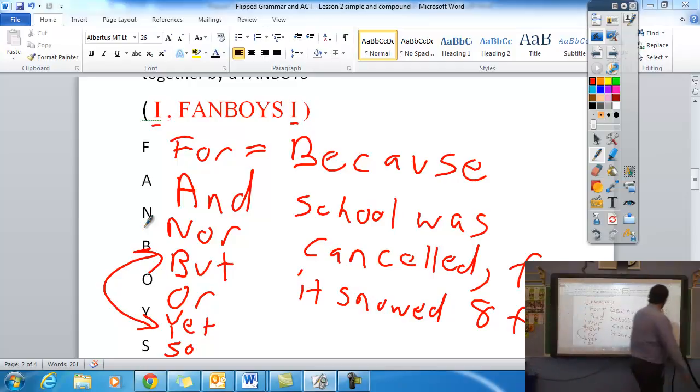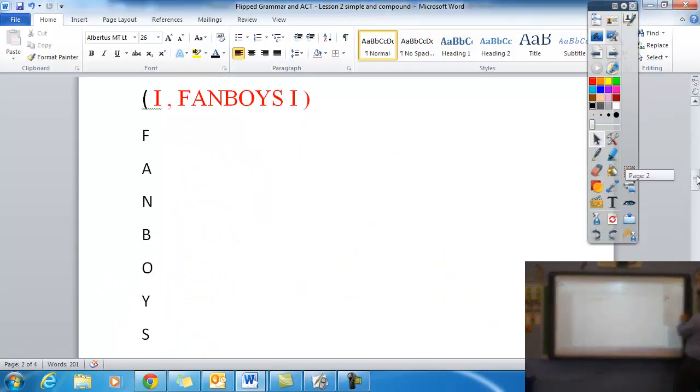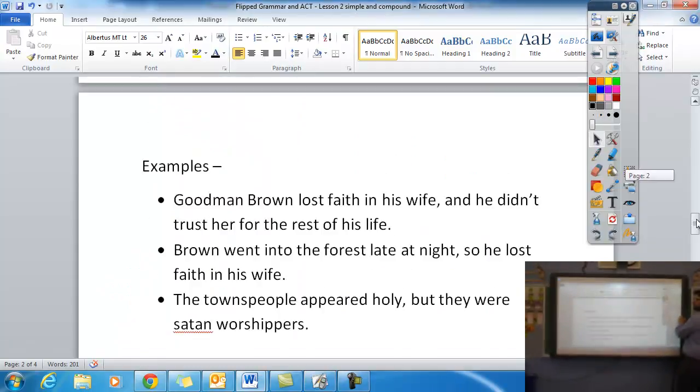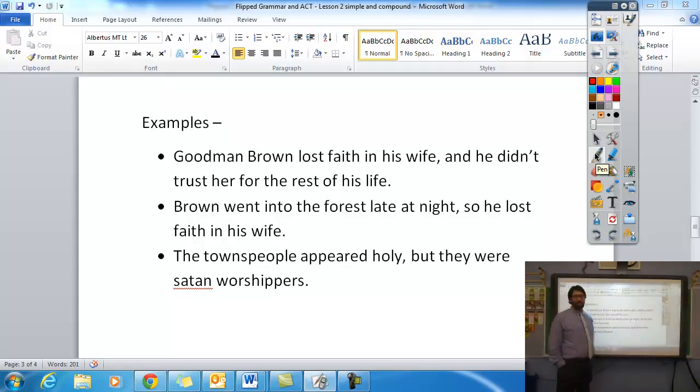Let's look at some more examples of compound sentences. Goodman Brown lost faith in his wife. That could be its own sentence, an independent clause.